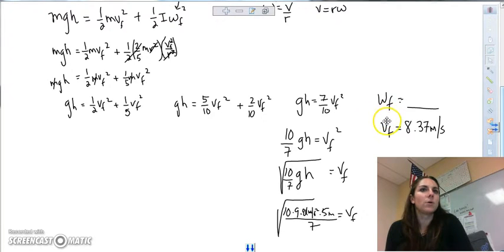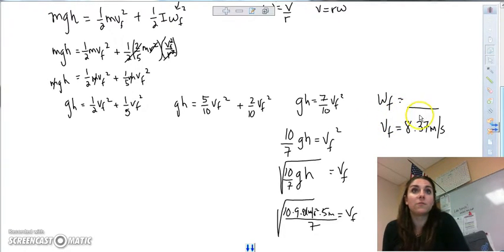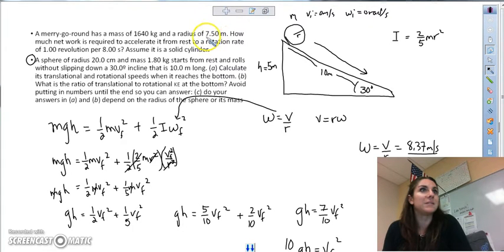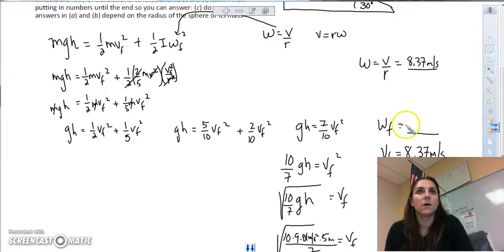Okay, great. So in the last video, I solved for the final velocity at the bottom of our incline. And like I promised, I'm going to solve for the omega. So omega is equal to v over r. Now that we have v, we can find omega by dividing by the radius, which is 20 centimeters, so 0.2 meters.